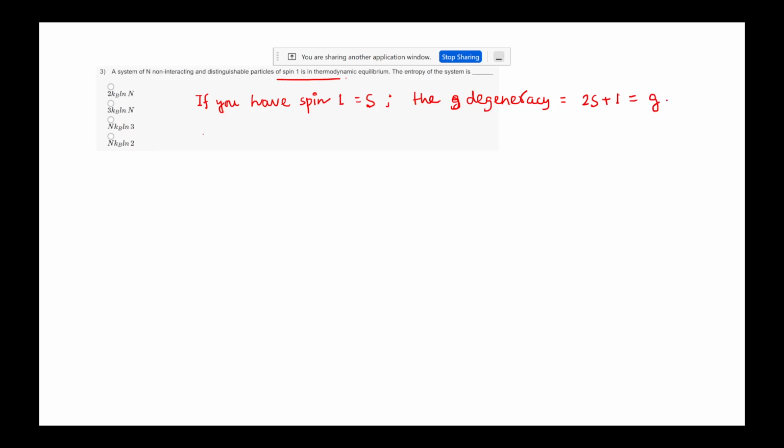Okay, so for S equal to 1, G will be 3. Since these are distinguishable particles, the total number of microstates will be G to the power n. So here G equal to 3, so that will be 3 to the power n.